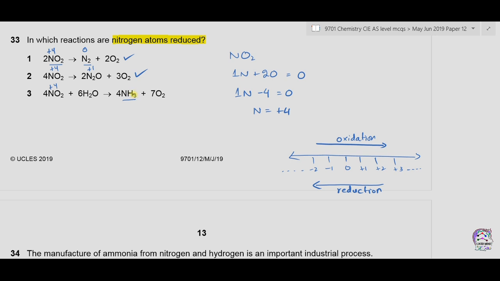So for 3 hydrogen atoms it will be +3. And for nitrogen it must be -3. So +4 to -3, again we are going in the backward direction, so it is also reduction. So all three options are correct, so therefore the answer is A.